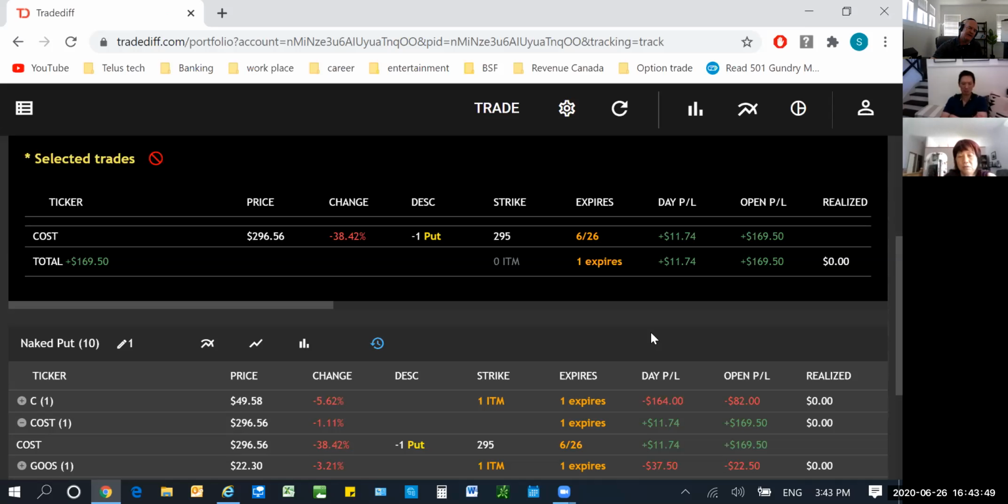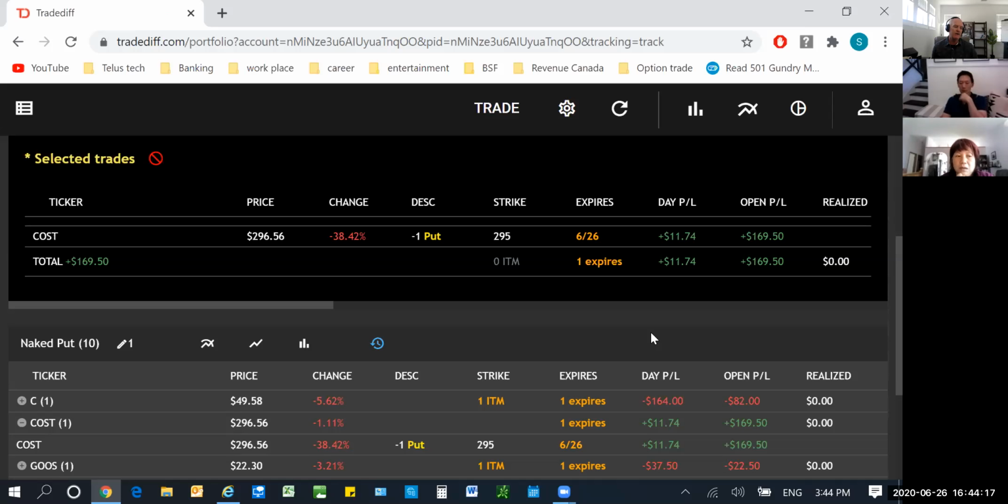This is a paper trading account. But if this was not a paper trading account, and I didn't want to take possession of the stock, I would make sure to roll it before it expires if it's in the money. Otherwise, in a real account, you're going to wake up and you've got a bunch of stock that you didn't really want.